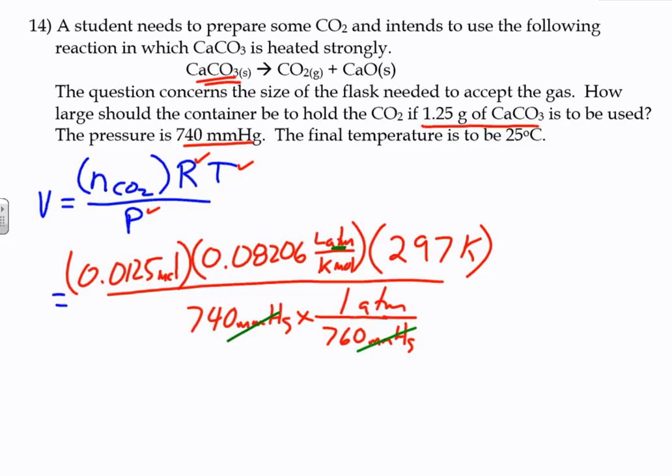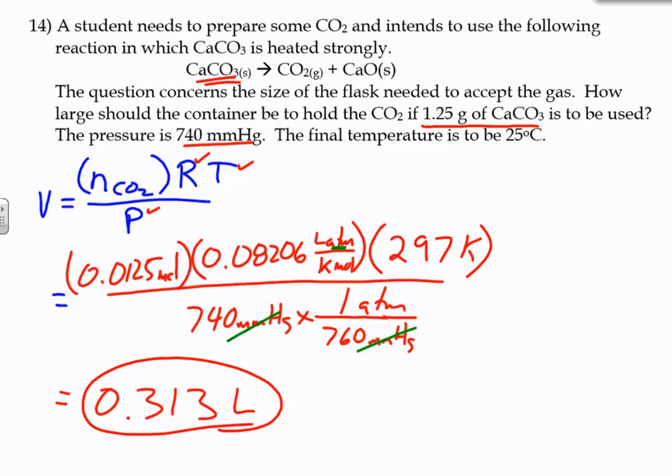So I'll do the math on this. And if I did all my math correctly, I end up with 0.313, and looking back at my significant figures, 3 significant figures, 0.313 liters would be the volume of CO2 generated by this quantity of calcium carbonate used.